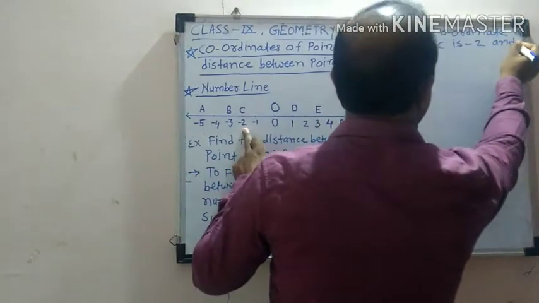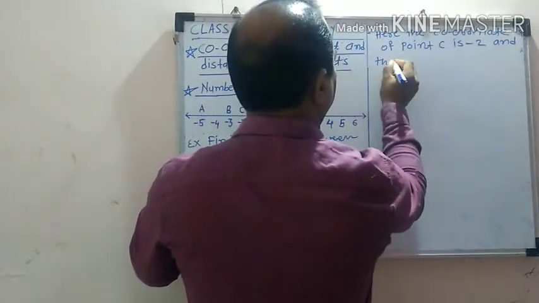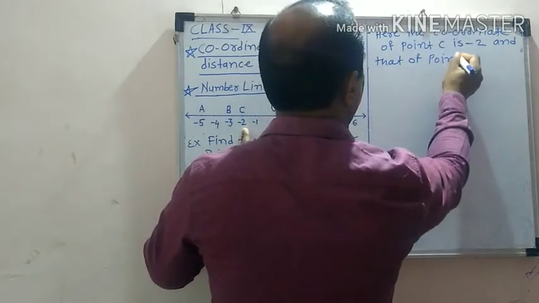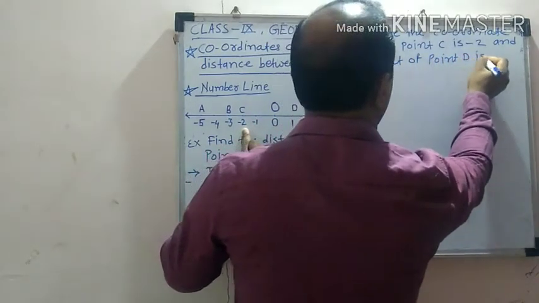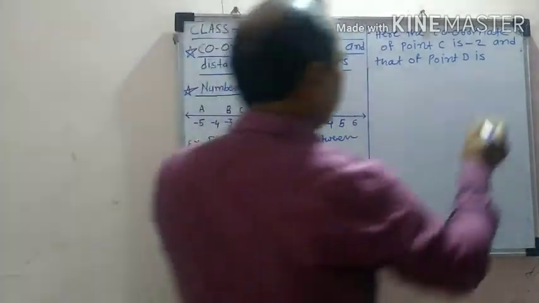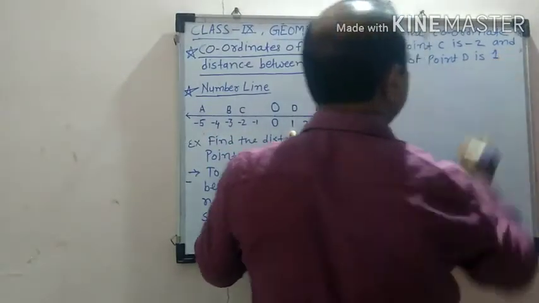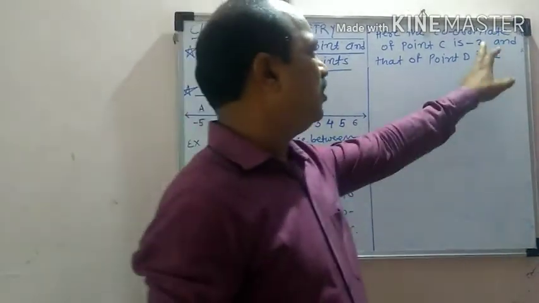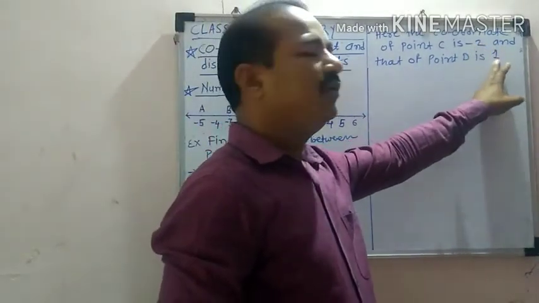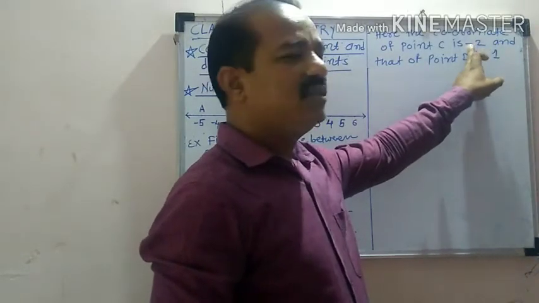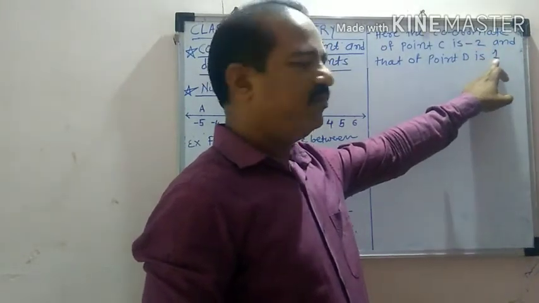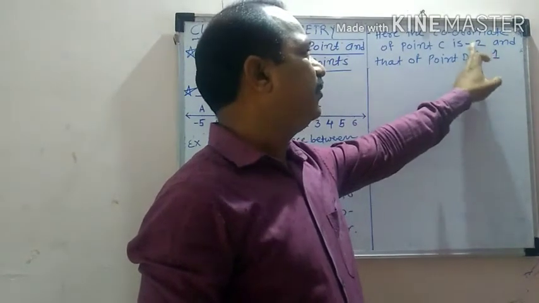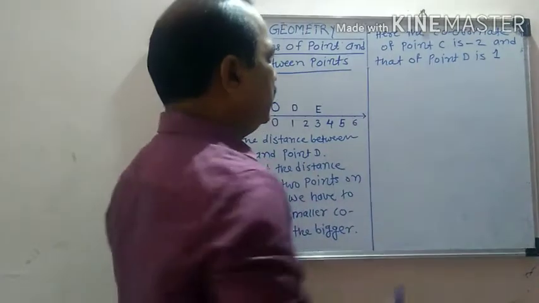And that of point D is 1. Which is the smaller and which is the bigger? Out of these two coordinates, negative 2 and 1, negative 2 is the smaller coordinate and positive 1 is the bigger coordinate. So we subtract negative 2 from positive 1.